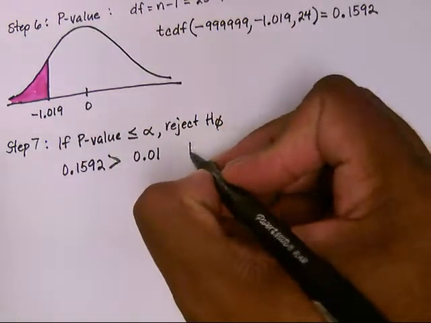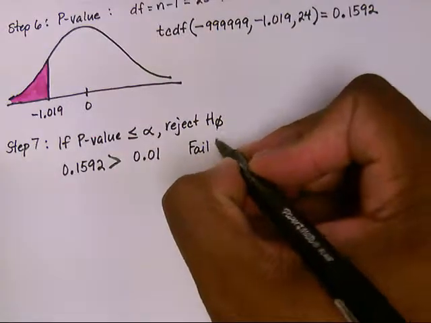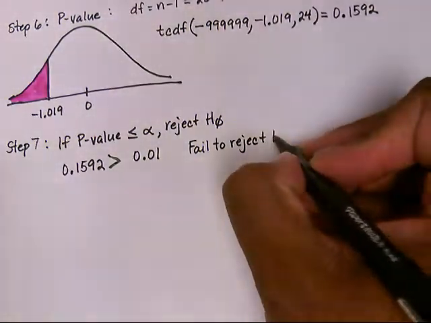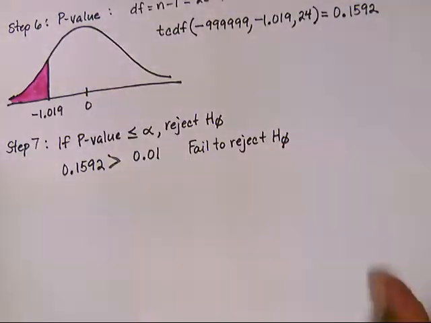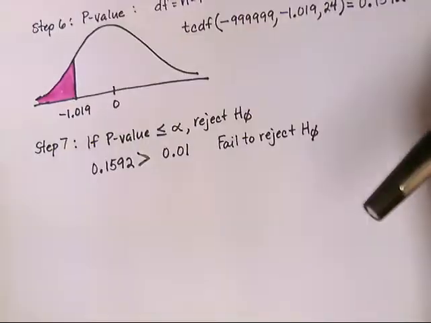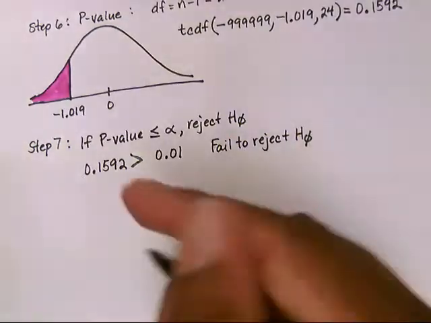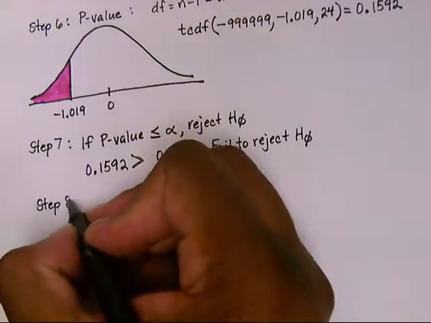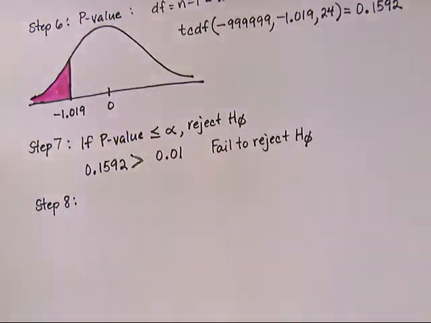So that means we have to fail to reject the null hypothesis. Okay, so we fail to reject the null hypothesis. So in step number 8, we need to write our decision rule.